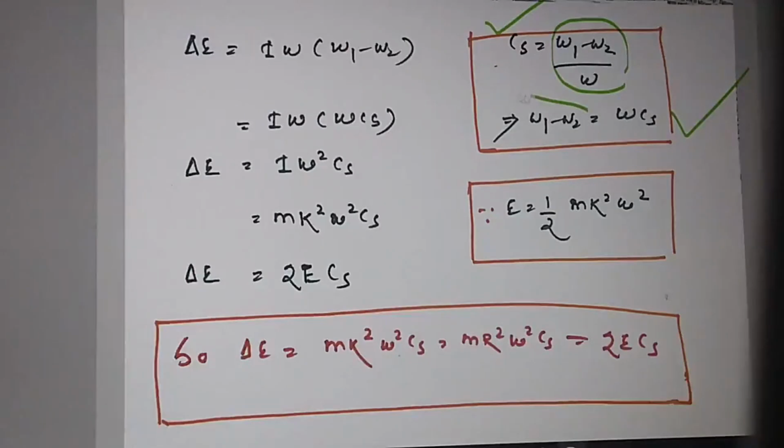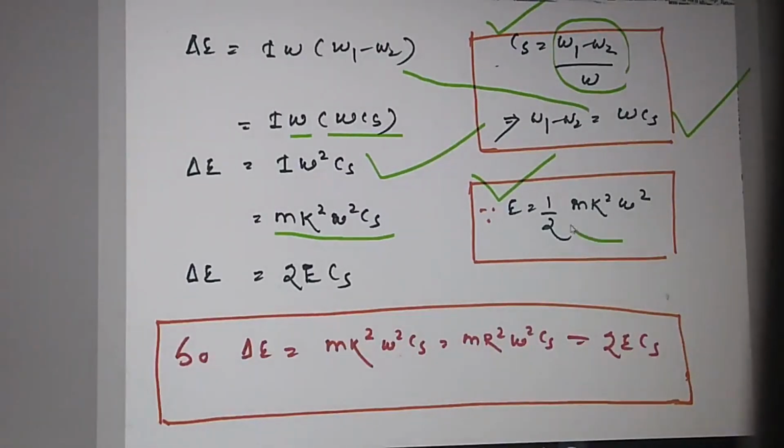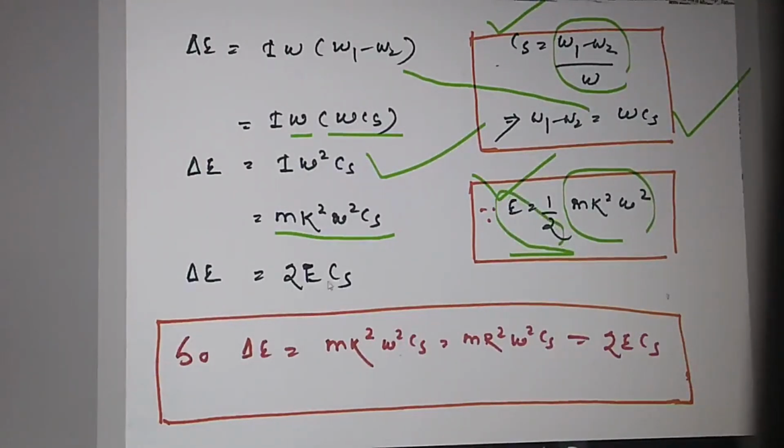Putting this value in place of omega 1 minus omega 2, we get I omega square into Cs, that is mk square omega square Cs. But we know that energy E is equal to half mk square omega square, so this will be nothing but 2 into E into Cs.